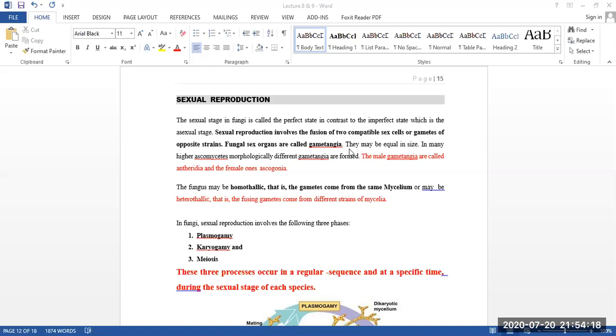The male gametangia are called antheridia and the female ones are called ascogonia. In sexual reproduction, the fungus may be homothallic or heterothallic. In homothallic fungi, the gametes come from the same mycelium, while in heterothallic fungi, the fusing gametes come from different strains or mycelia.